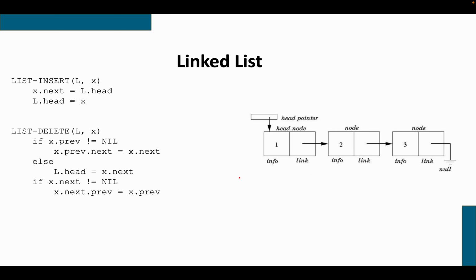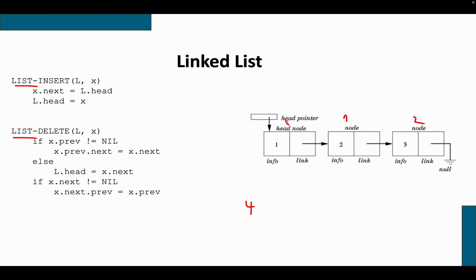How do we do it? It will be by two functions, list insert and list delete. You can see the code here. Now I want to explain what this code means. We want to add, for example, the value 4 between node 1 and node 2.